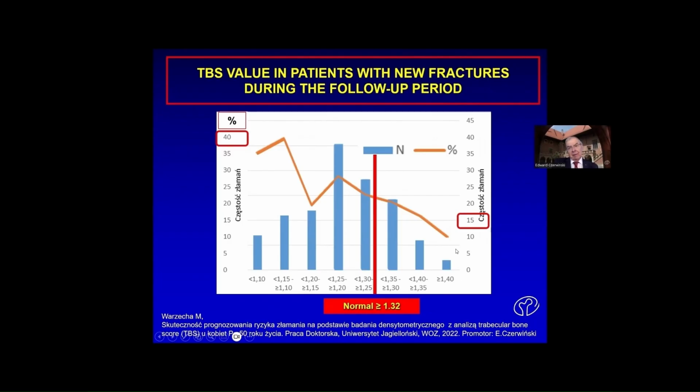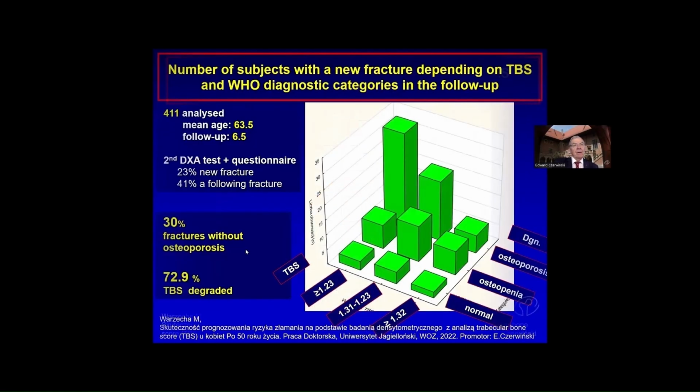As you see, the better the TBS, the fewer fractures. And on the left, you see that the majority of fractures, even 40%, are in the patients who have TBS lower than 1.32. That's the other material.